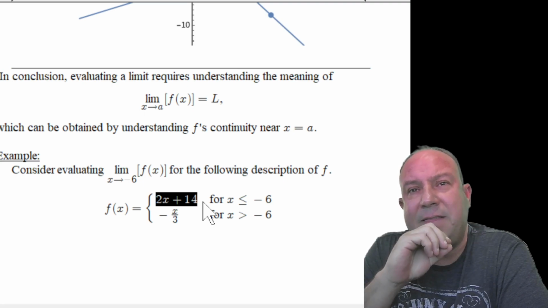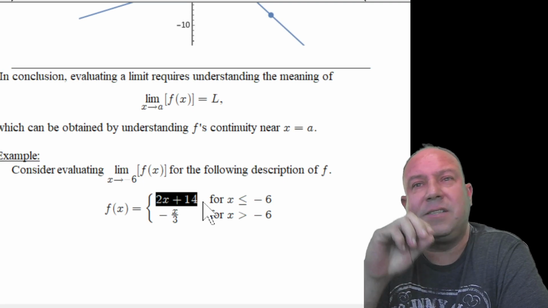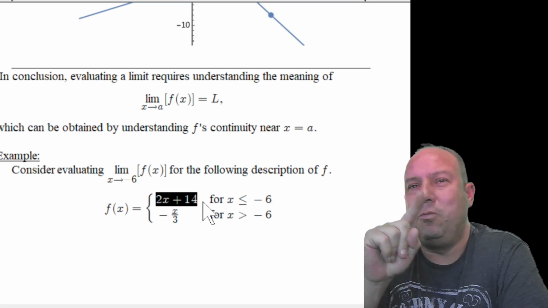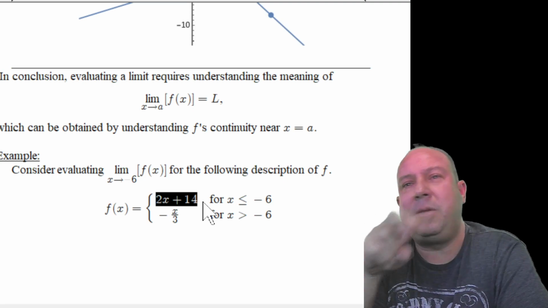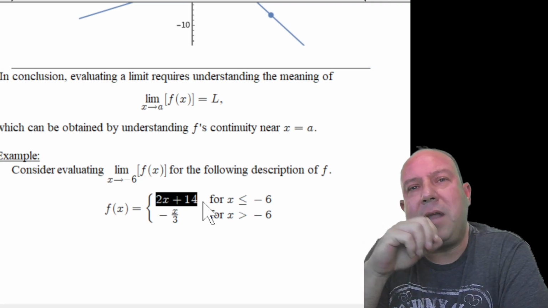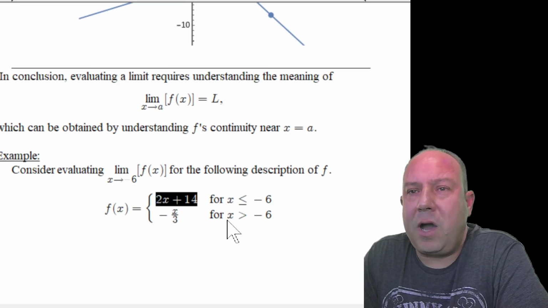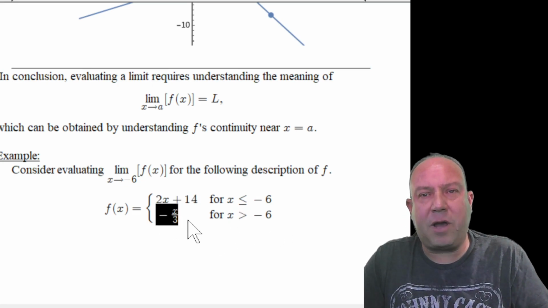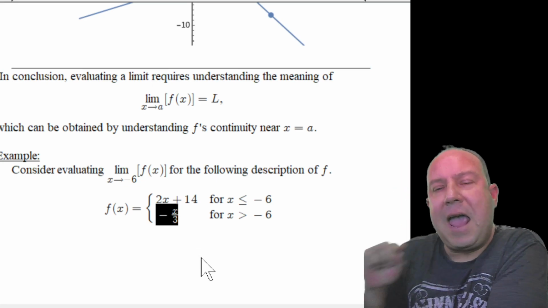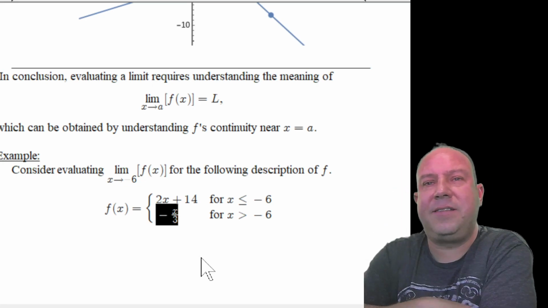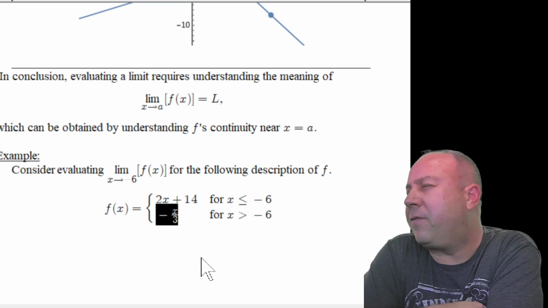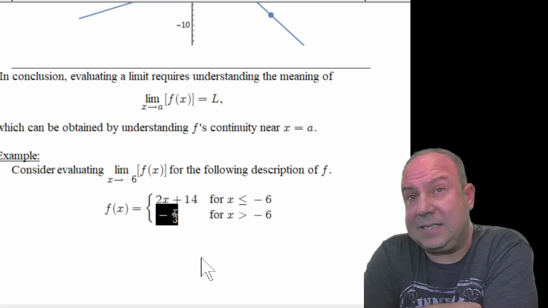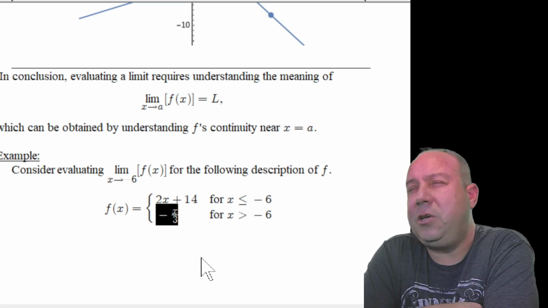It's defined at that value of -6, and it gives the value of 2. -12 when you plug it in, plus 14 makes 2. Now notice what happens when you approach from the right. As x is greater than -6 and you approach -6 from the right, you're on the second piece. If you substitute in -6 for x there, you're taking a -3rd of -6, and a -3rd of -6 is +2 again.